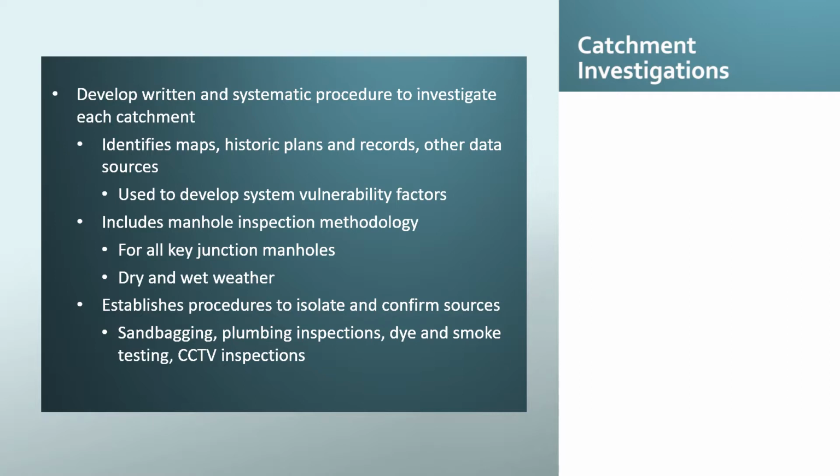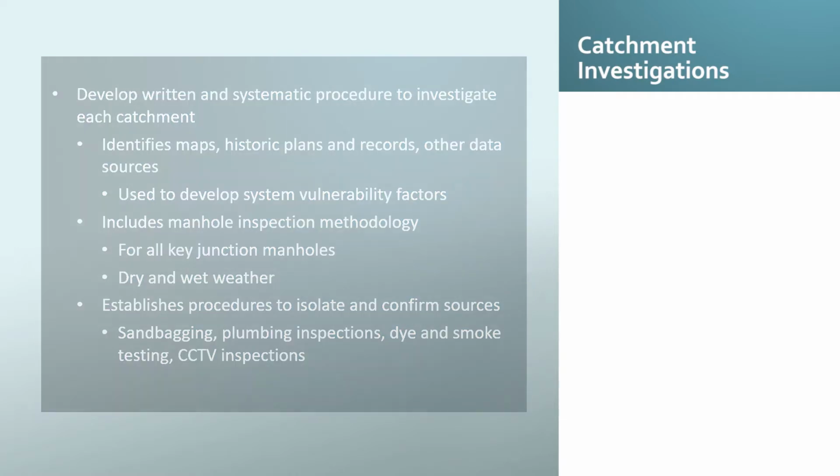This will be helpful in developing the system vulnerability factors for each catchment. The procedures need to include manhole inspection methodology. How are you going to conduct your manhole inspections for all your key junction manholes? And they need to include the methodology for both dry and wet weather investigations.